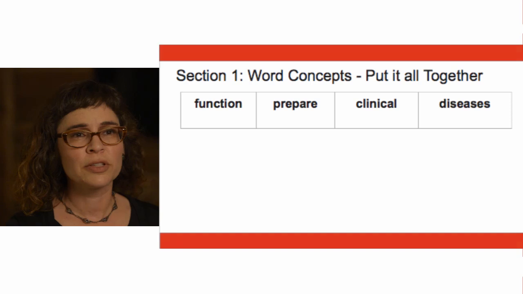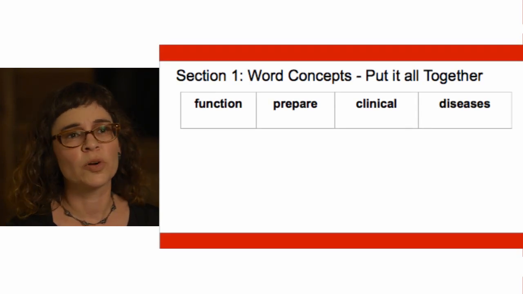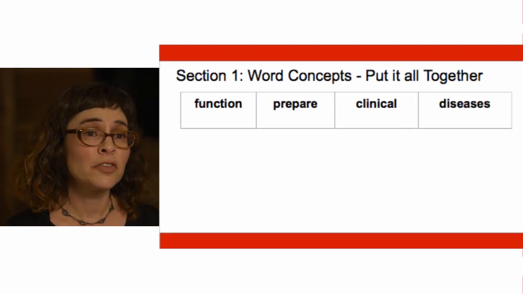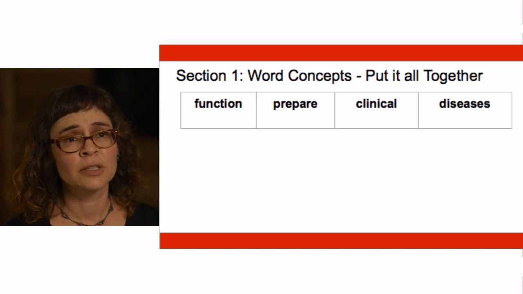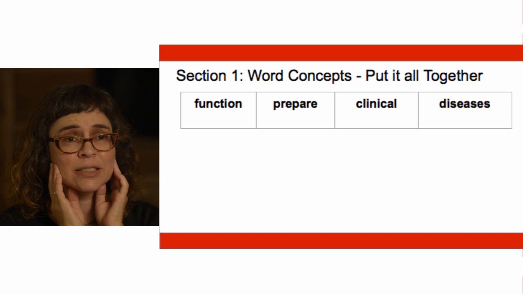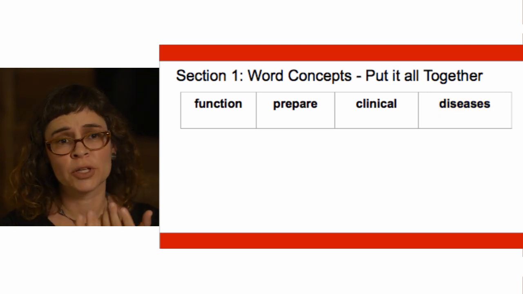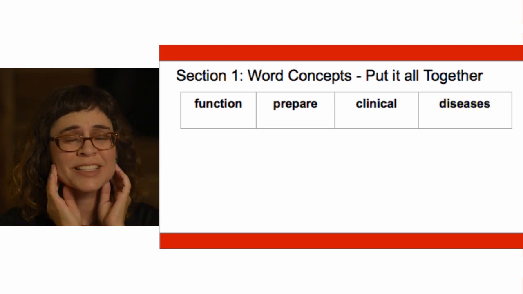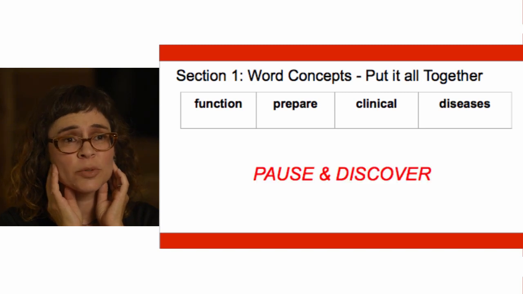So let's review the central concepts with a few more words. Let's first identify syllables. How many jaw movements in these words? I'm showing you the movements. The jaw movements indicate how many syllables.